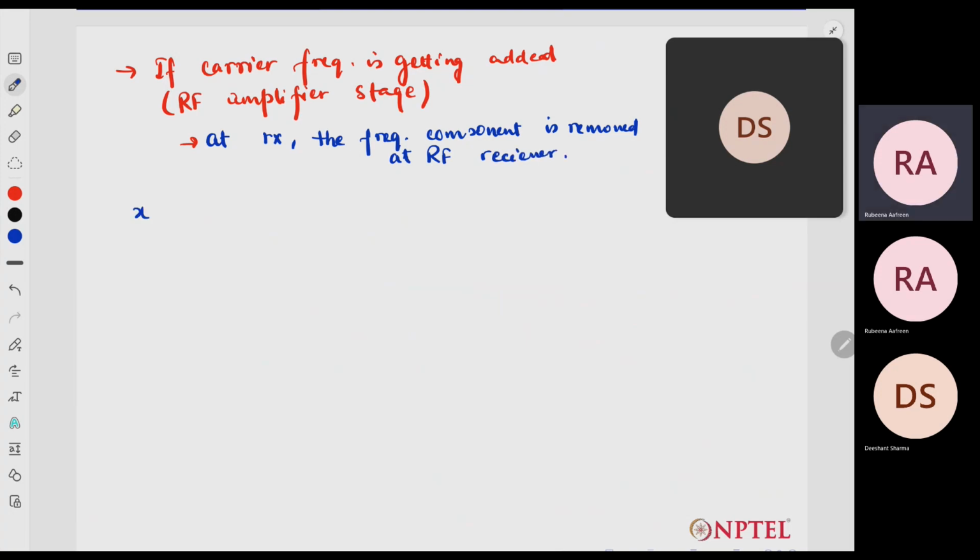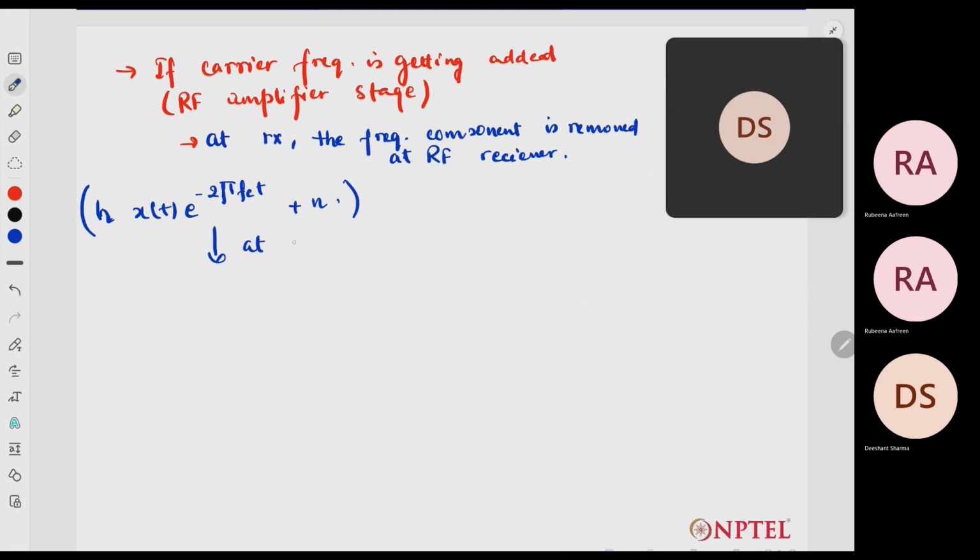Suppose we are transmitting x(t). If we consider the frequency component, what gets transmitted is x(t) times e to the power minus j2π fc t plus some phase difference, which is then multiplied by the channel, and some noise is added. But at the RF receiver, it does the opposite.